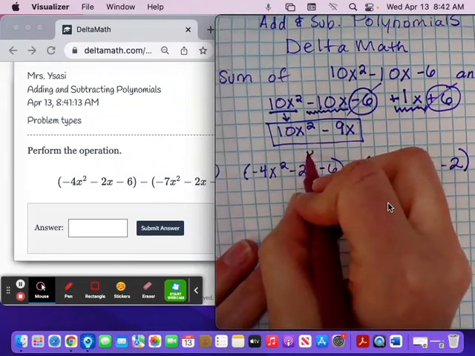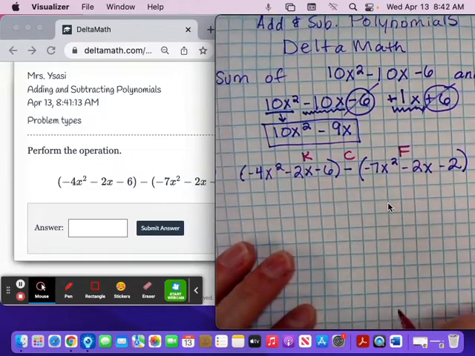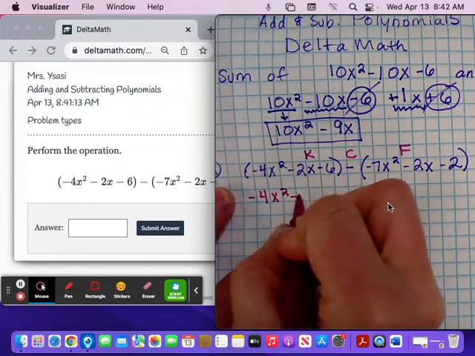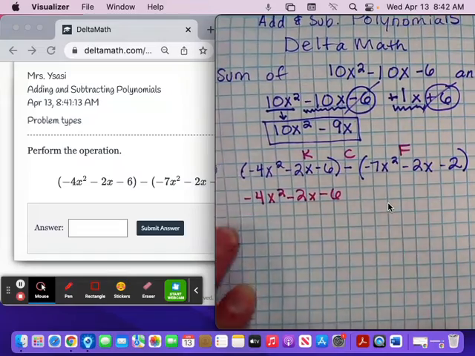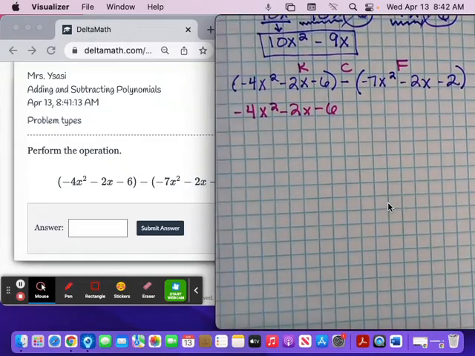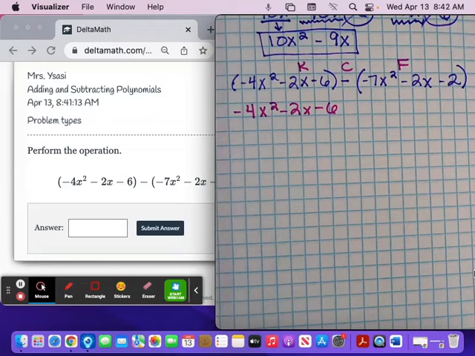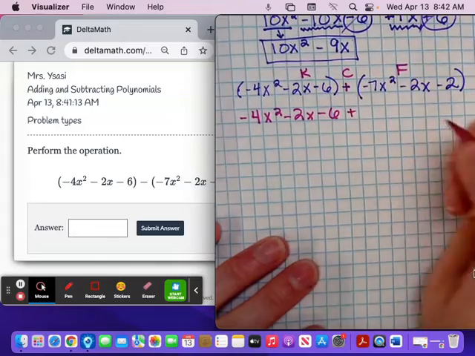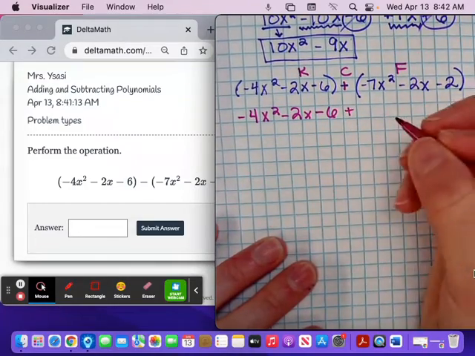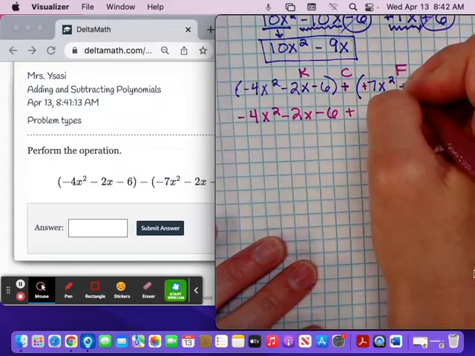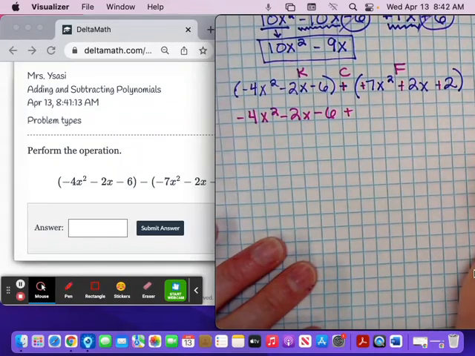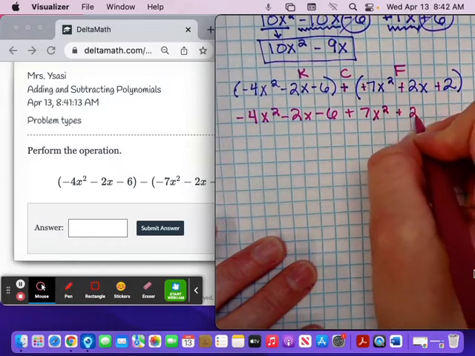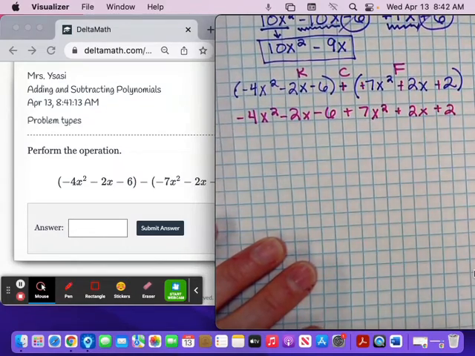So we're going to keep, change, flip. So keep the first. So just carry it down without its parentheses. Change the minus to add. And then flip all the signs. And rewrite them.